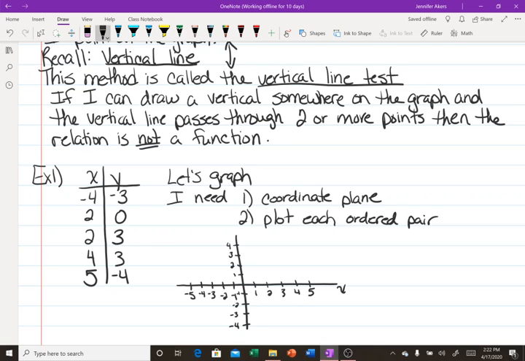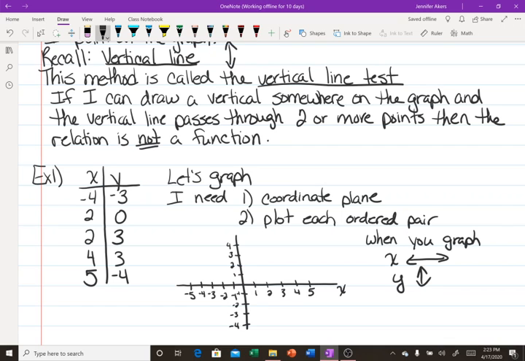Alright, -4, -3. Some of you, when we left school before the virus hit in March, were still having trouble graphing. So remember, when you graph, the x tells you left or right, the y tells you up or down.